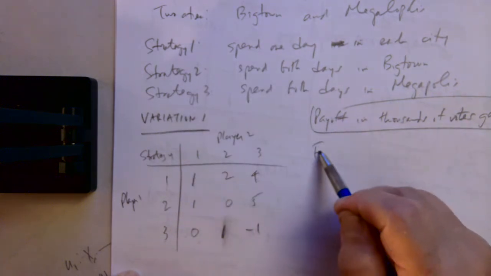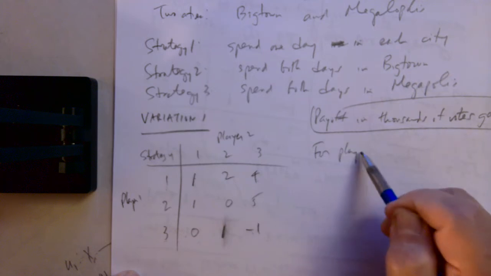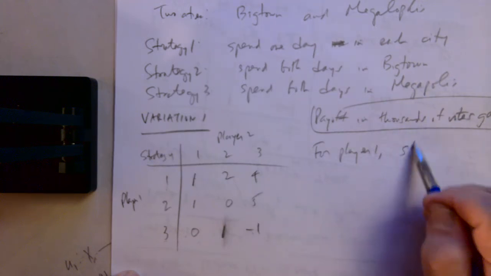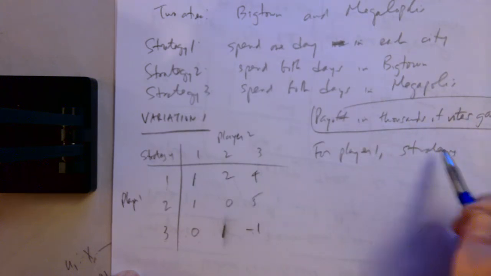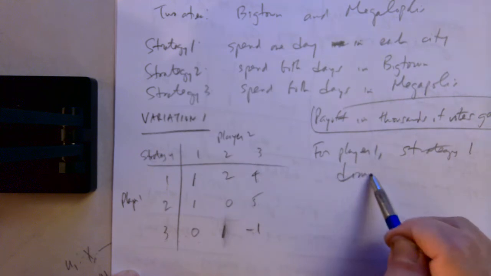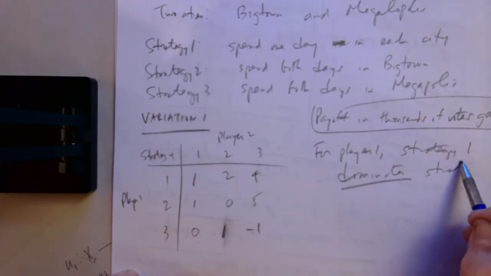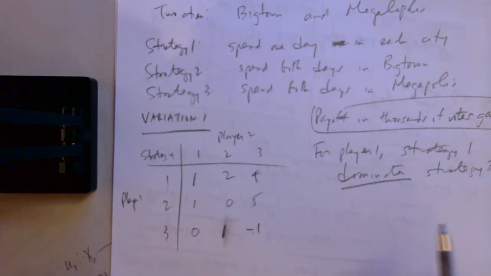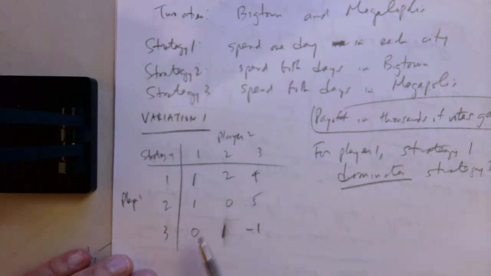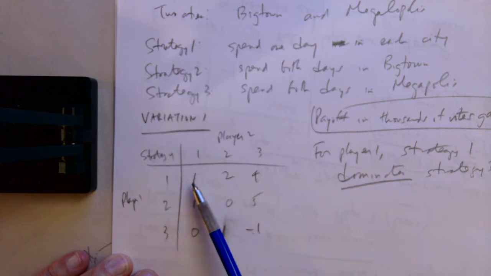So we can say, just looking at this table, for player 1, strategy 1 dominates strategy 3. In every possible case of what player 2 does, player 1 comes out ahead with strategy 1 compared to strategy 3.